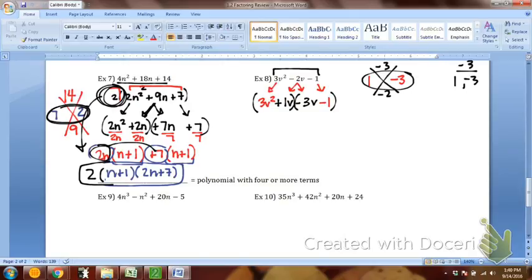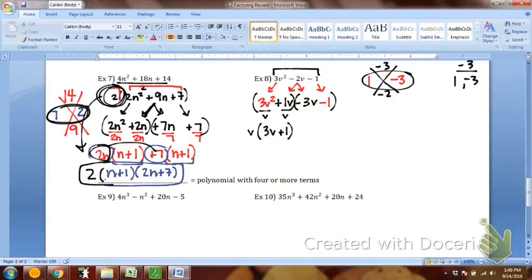Okay. So the only thing I can pull out of this first group is a v. If I pull it out, it goes out front. What is 3v squared divided by v? Just 3v, right? And what is 1v divided by v? 1.